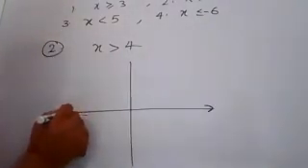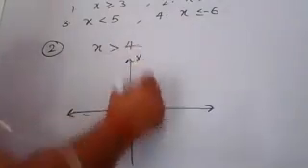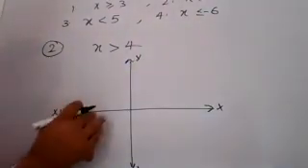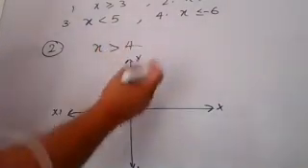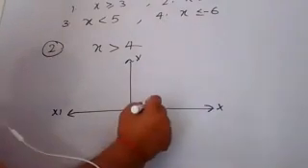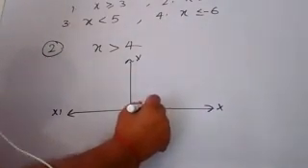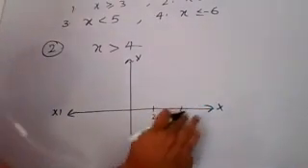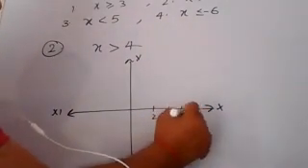So how do you mark? First of all, here you take y dash, x dash, and x is equal to 4, which is parallel to the y axis. Suppose here you take 2, here you have 4.